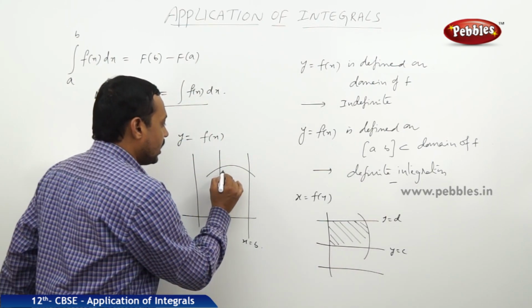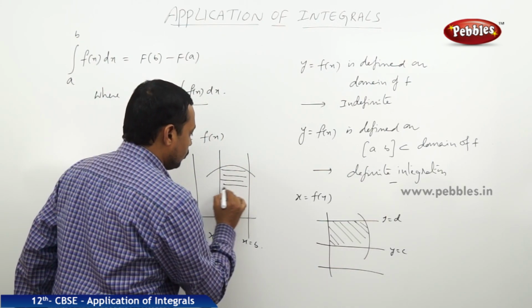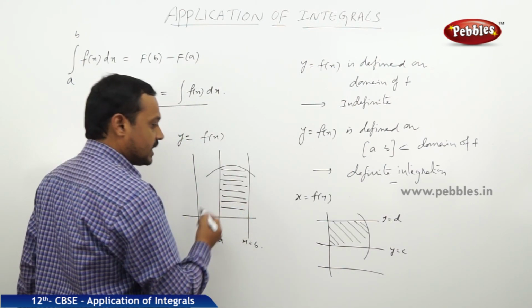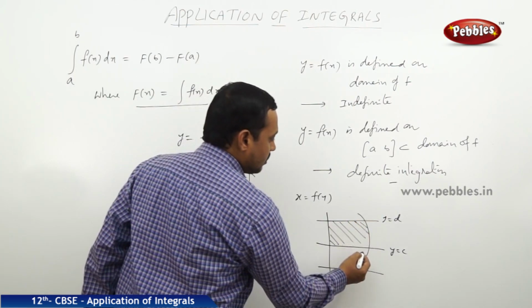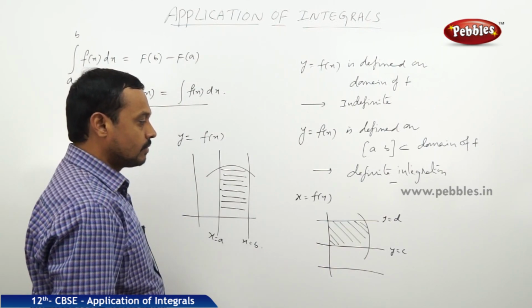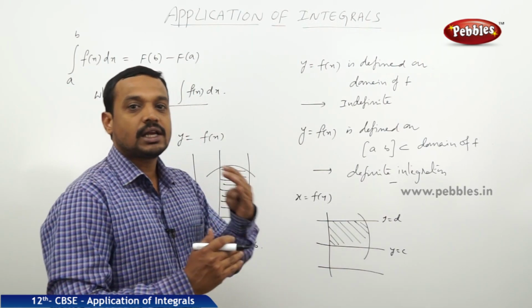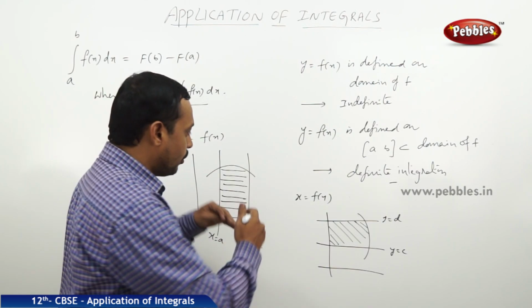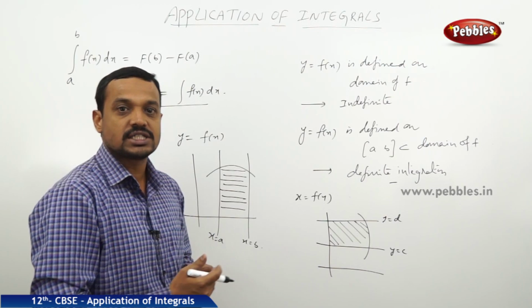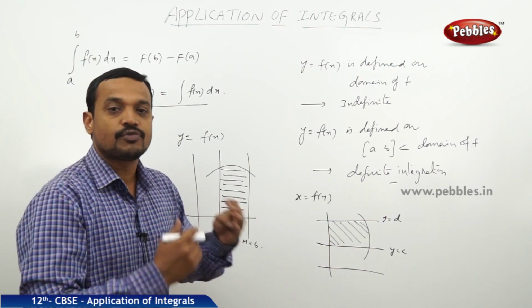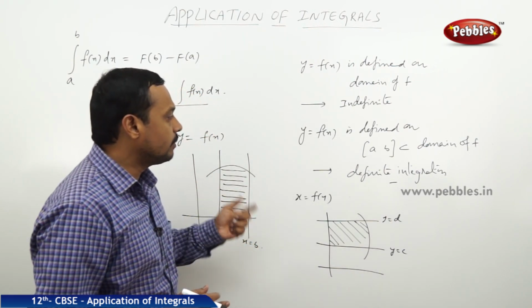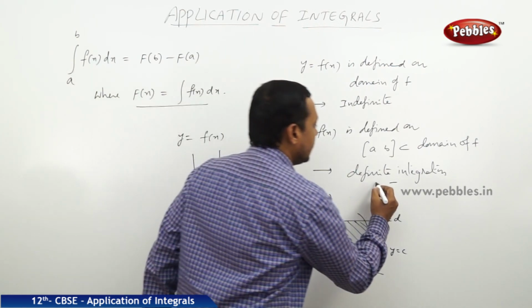Now, this area of the region bounded by y is equal to f of x with respect to x-axis, or area of the region bounded by the curve x is equal to f of y with respect to y-axis, or partly some of the portion is above the x-axis and some of the portion below the x-axis, then finding the areas of the curves, areas of the regions formed by the curves, etc. All these areas can be determined by the definite integration.